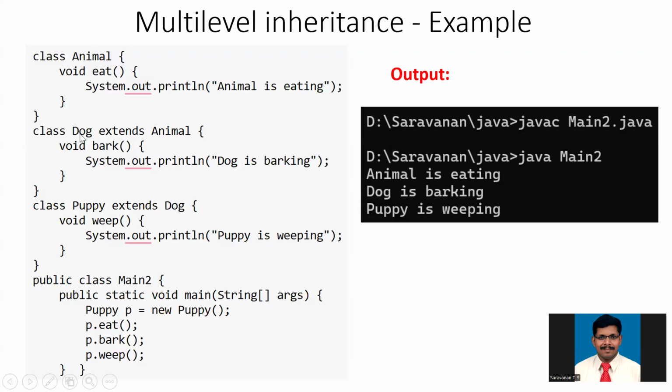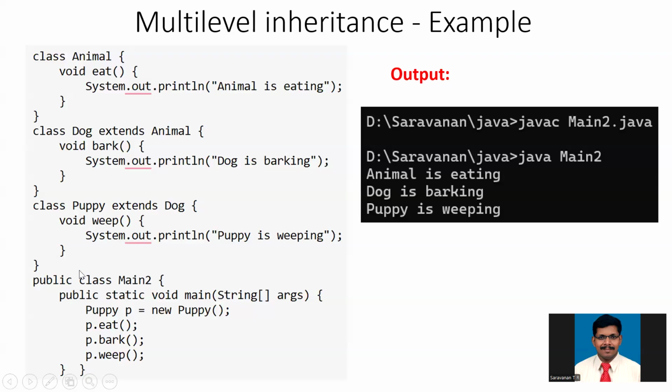An object created for the base class can be used to access only the content inside that class, not the derived classes. Even though Puppy is derived from Dog, an object created for Dog cannot be used for accessing weep, because weep belongs only to Puppy.